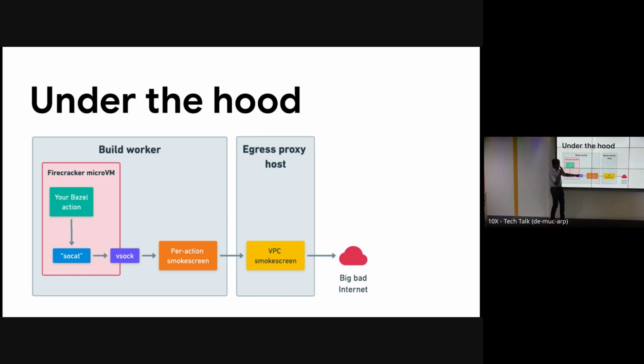This per action smokescreen then proxies over to this other instance of smokescreen at the VPC level, which in turn proxies to the internet. So it's proxies all the way down. So this SOCAT-esque TCP listener here is exposed to the action environment itself through the HTTP proxy environment variable. This is a standard environment variable. All HTTP clients kind of know how to use it. And that just makes actions work out of the box that want the internet. But only those domains, right?